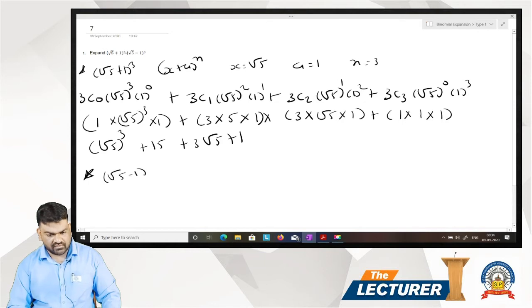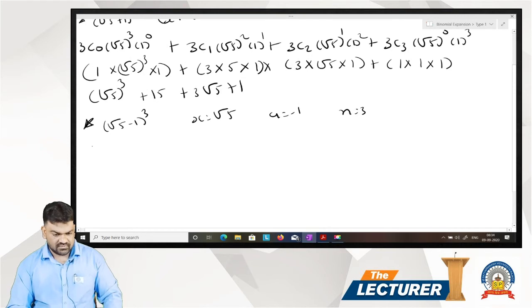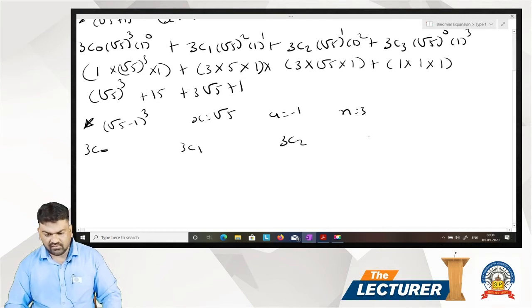Root 5 minus 1 raised to 3. x is equal to root 5, a is equal to minus 1, n is equal to 3. Terms: 3C0, 3C1, 3C2, 3C3.